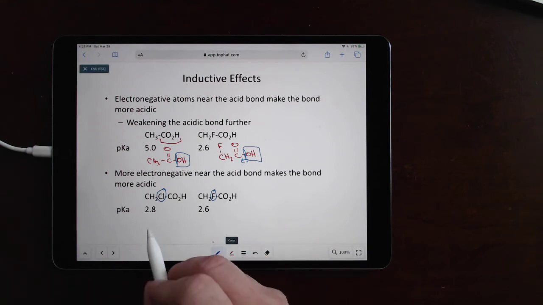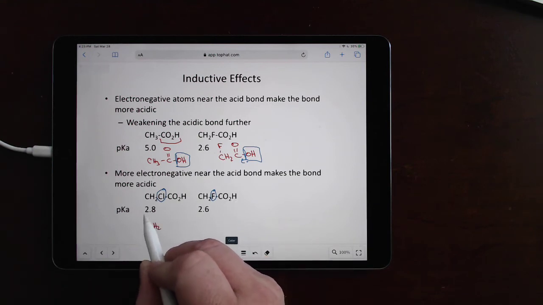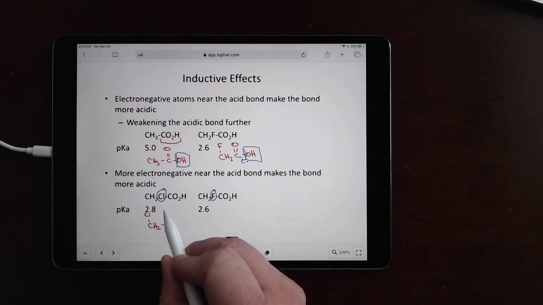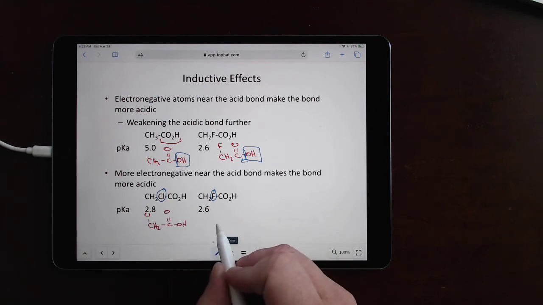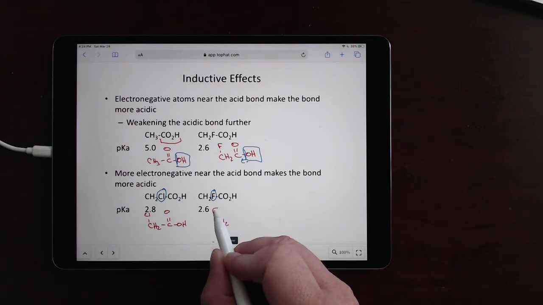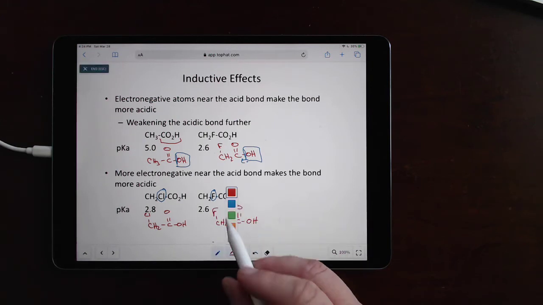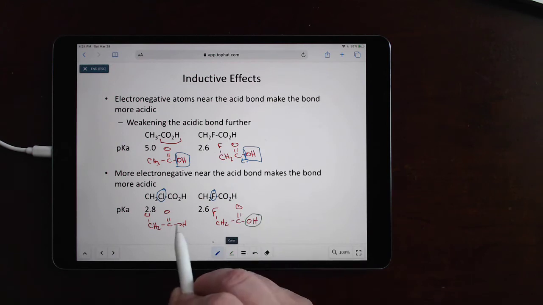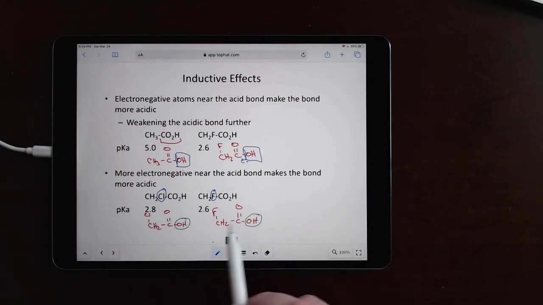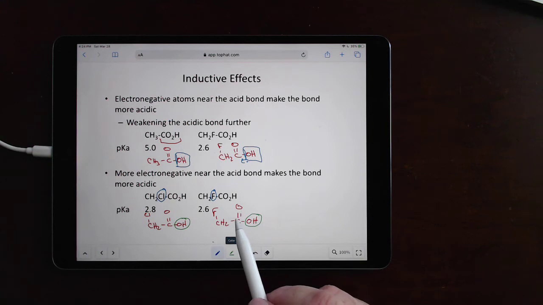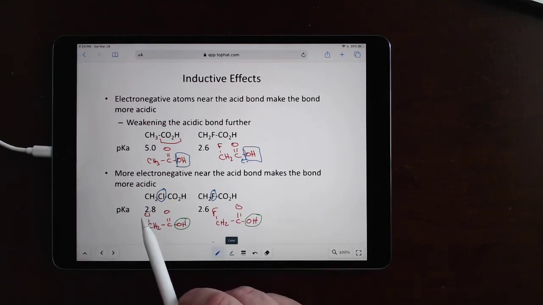But that's not where this is. Here, the hydrogen isn't on the chlorine; it's on an OH. The acidic hydrogen is here and here. That's a tie, they're both on oxygen. Then it switches to electronegativity: fluorine is more electronegative than chlorine, so this one is going to be more acidic.